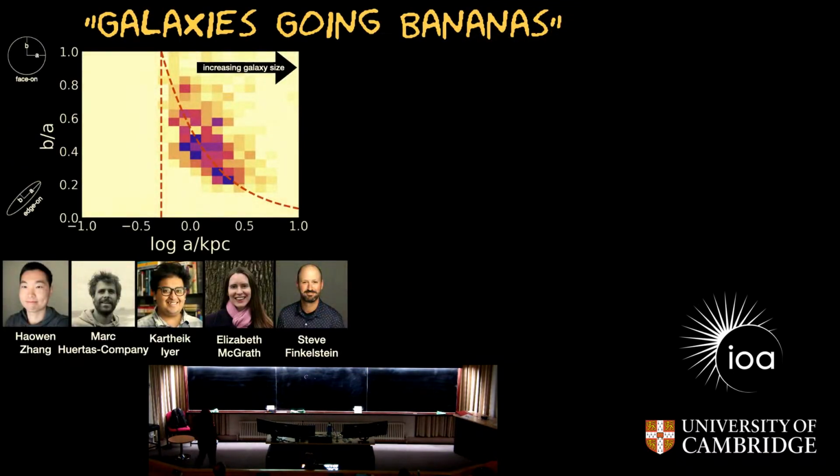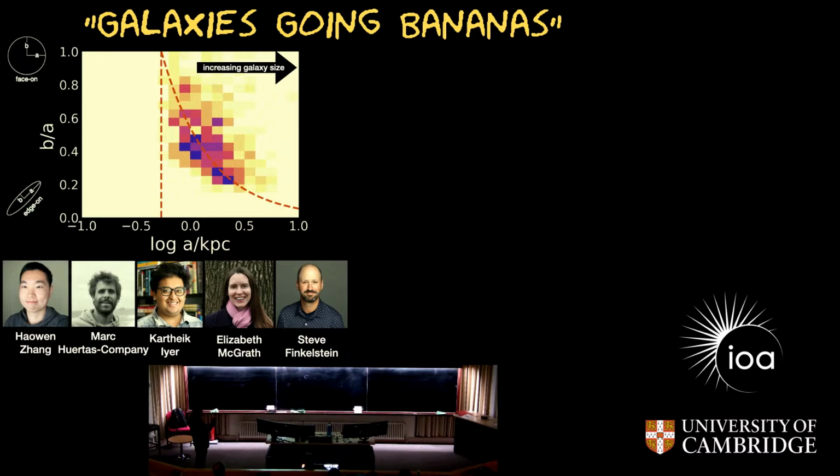All right, galaxies going bananas. Why do I say that? Well, with my amazing collaborators, this title is inspired by this diagram. In the previous diagram, I was just showing you the distribution of B over A alone. But what we actually look at in our modeling is the joint two-dimensional distribution of these axis ratios and how they vary as a function of the sizes of the galaxies. In this diagram, as you move to the right, you're looking at larger size galaxies.